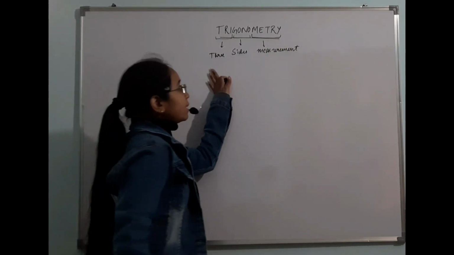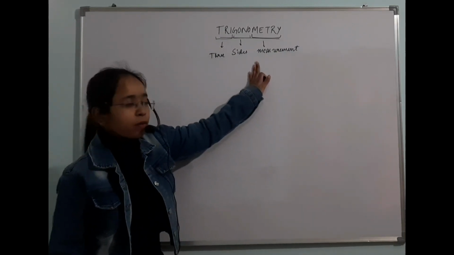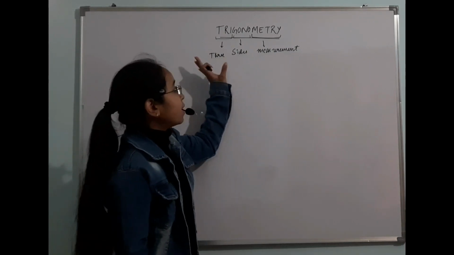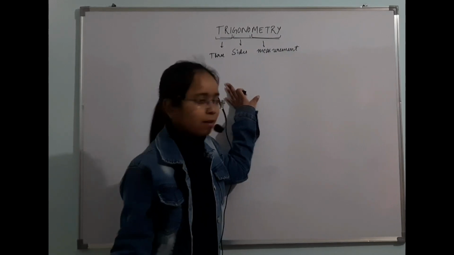So, in this chapter, we are required to find the measurement of three sides of a triangle. And the triangle here is always supposed to be a right-angled triangle.